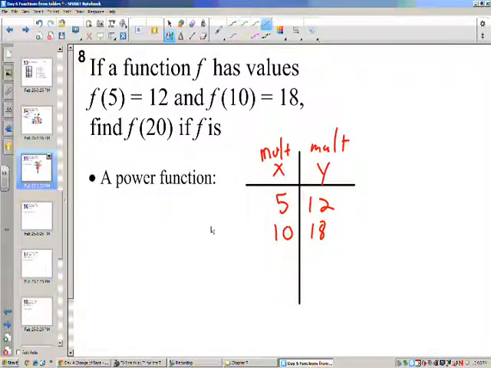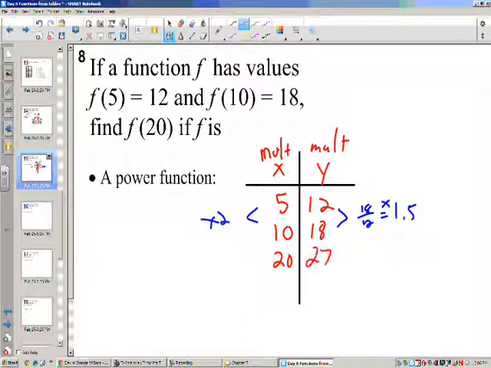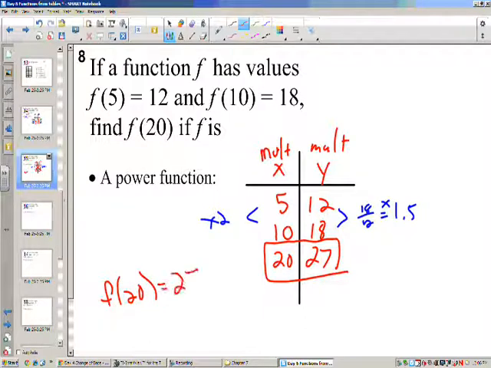So I have to multiply by 2 here, and to figure out what I multiply here, what times 12 will give us 18? Well, just do 18 divided by 12, 18 twelfths, or 1.5 is going to be what we're multiplying by. So let's continue the pattern. 10 times 2, again, would get us up to 20. 18 times 1.5 will get us to 27. So now we have f of 20 is equal to 27.